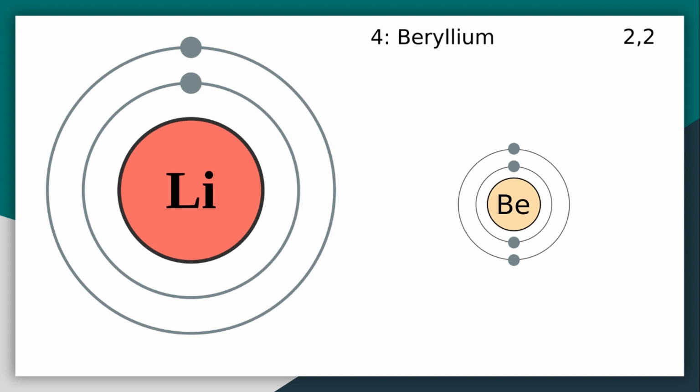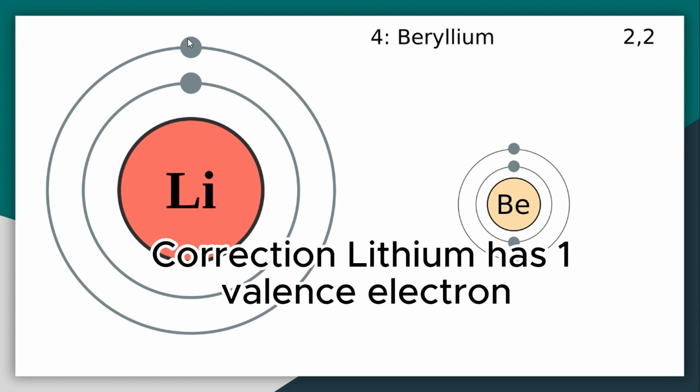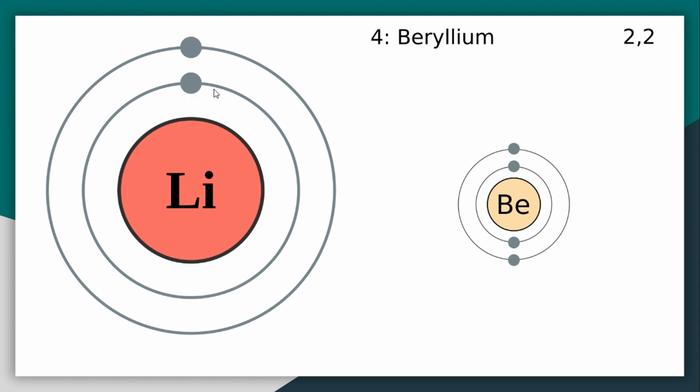For example, lithium has an atomic number of 3, but we can see it has 2 outer shell electrons. Why? Because in the first shell we're going to have one electron right here, then out here there are going to be 2. So lithium has 3 protons, whereas beryllium, on the other hand, has 4 protons.